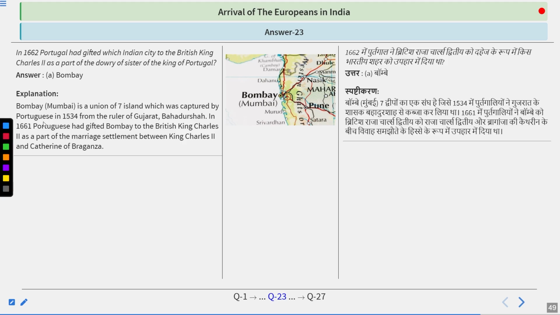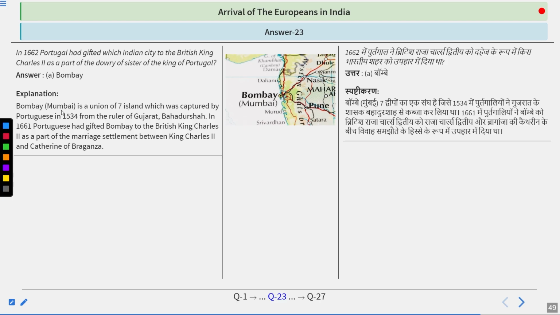A marriage happened between the Portuguese princess Catherine of Braganza and King Charles II. During this marriage, the seven islands of Bombay were given to King Charles as dowry. This was the first time this kind of thing happened.